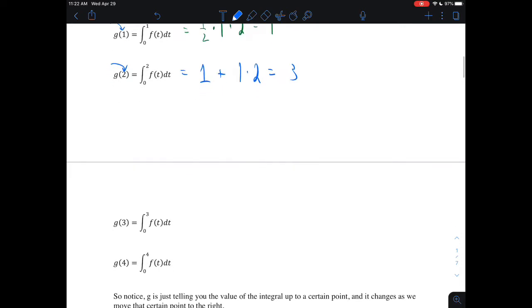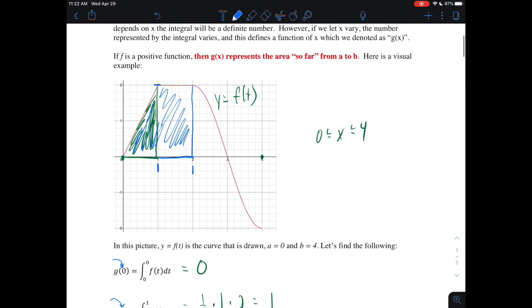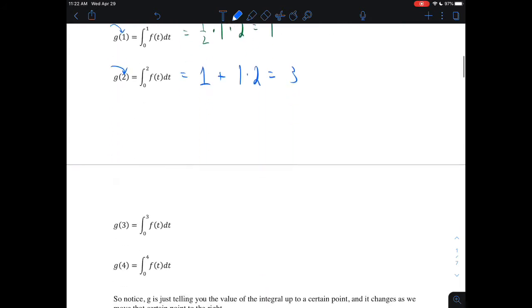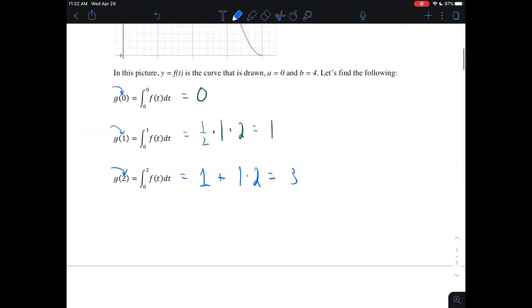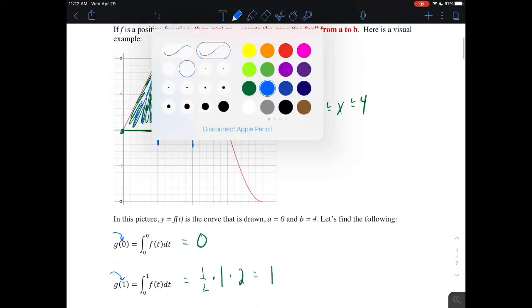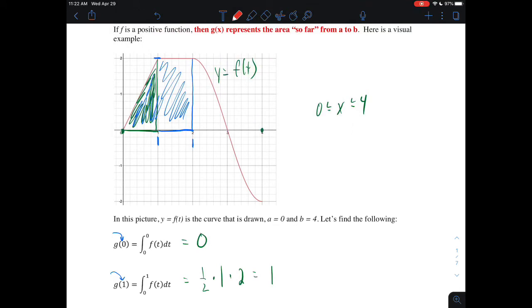Let's find g of 3, which means the area all the way from 0 to 3 underneath the curve f of t. We already have the triangle and the rectangle. That's 3. So we know we're just going to add to that the area under this part. And this has some curvature to it.